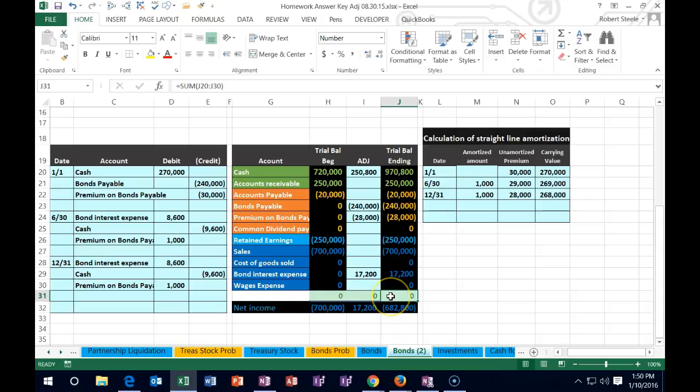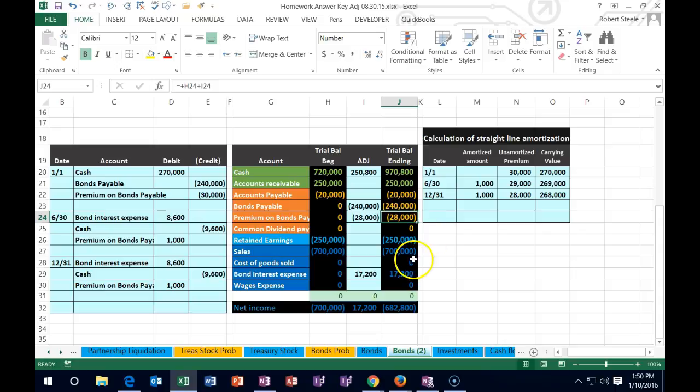Hopefully you can see the trend that is happening now, of course, in that there's no change to the bond payable because we're not going to pay that off until the end of the period. And that's just the term of the bond after 15 years. The premium will go down by the 1,000, and we're going to make it go down in a straight line method by 1,000 per period, 30 periods because there's 15 years and we pay semi-annually, twice a year.